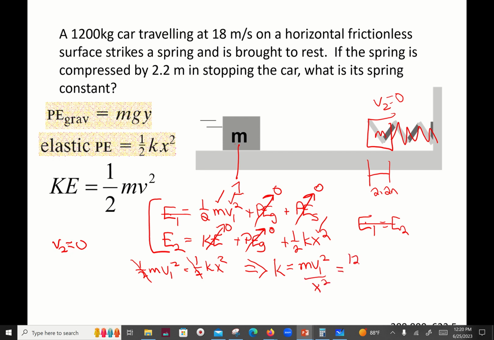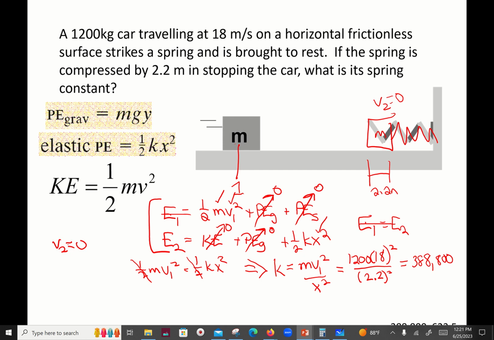So let's see, 1200 times 18 meters per second squared divided by X, which is the amount that the spring is compressed, 2.2 meters squared. And I get a very big number, 388,800. And let's see, so now I've done the algebra.